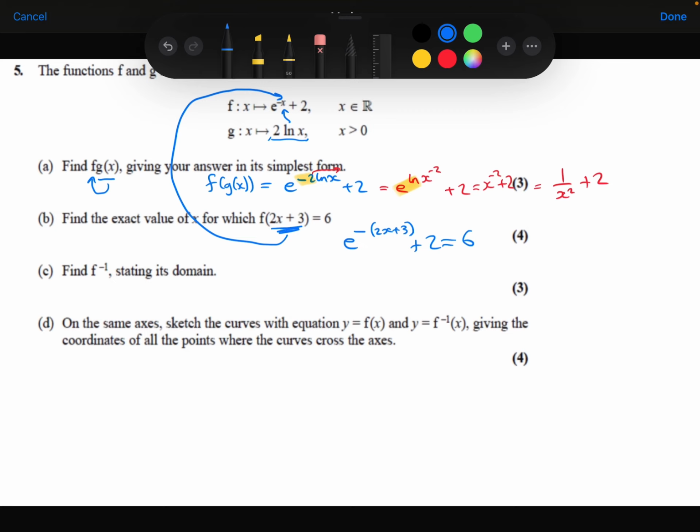I will then subtract 2 from both sides. I'm then going to take logarithms of both sides. I can then add 3 to both sides. And then divide both sides by minus 2.